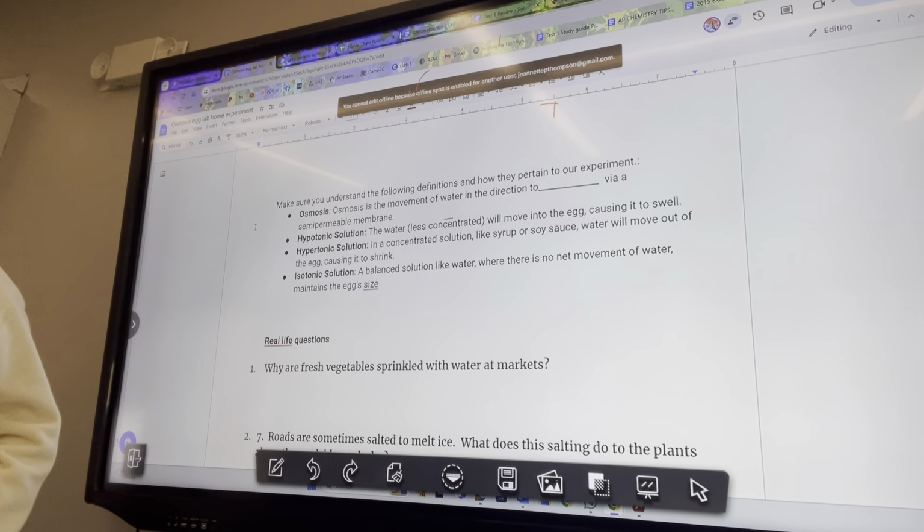But we have been talking about hypertonic and hypotonic. We understand how that works. We know that if we have a semi-permeable membrane and we have a side that is full of stuff, doesn't matter what it is, that will be hypertonic. Stuff that is dissolved, right? And this side is gonna have just water, or it's gonna be way more dilute.